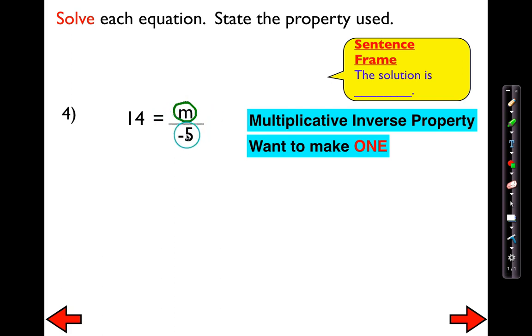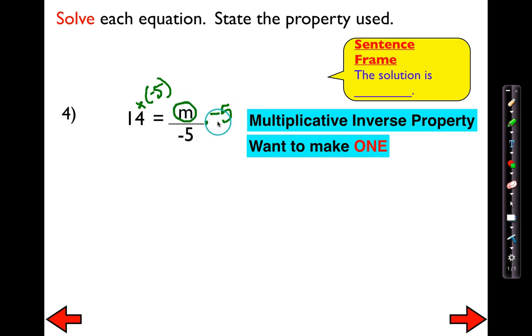So if I'm dividing by negative 5, if I want to do the inverse of that, I'm going to do the opposite of division, which is multiplication. So I'm going to multiply by negative 5. I'm going to multiply this side by negative 5 as well. It helps maybe to do that, whichever one works for you. So here, notice what happens.